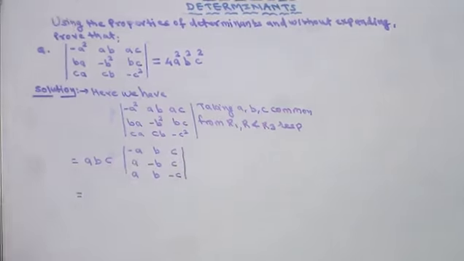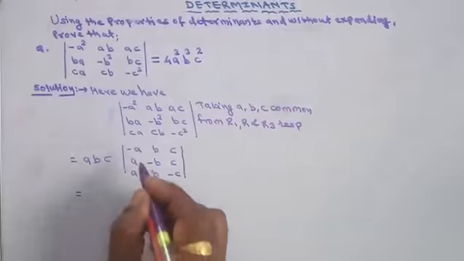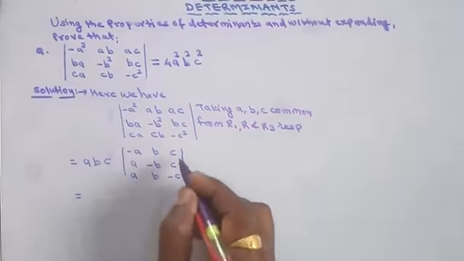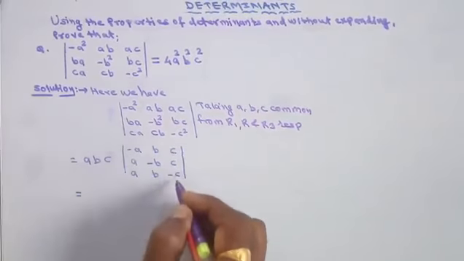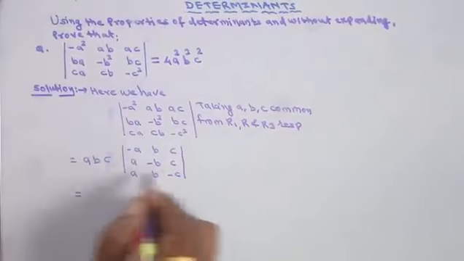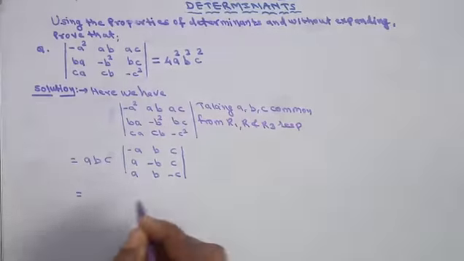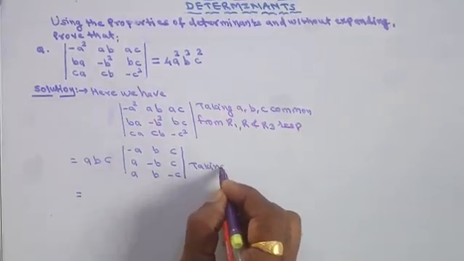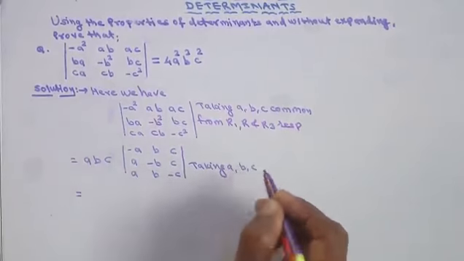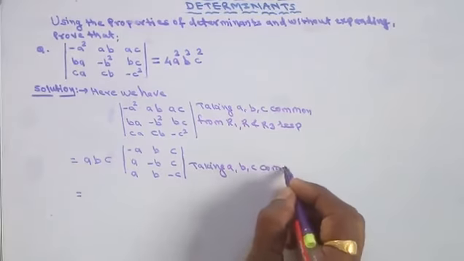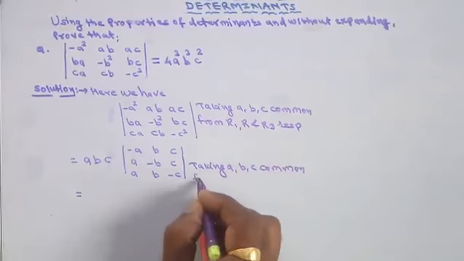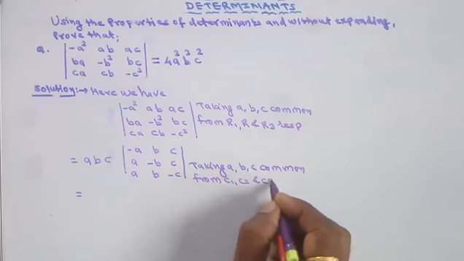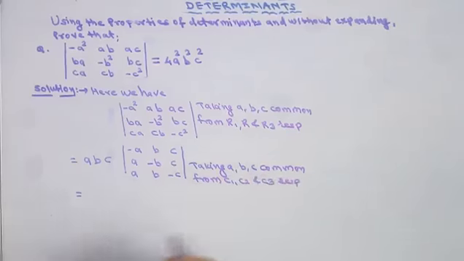Now see here, again in column 1 a is common, in column 2 b is common, and in column 3 c is common. So again I can take a, b and c common from c1, c2 and c3 respectively.